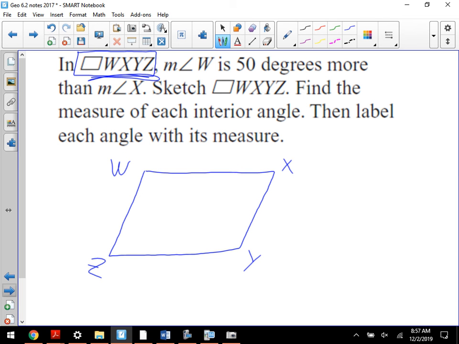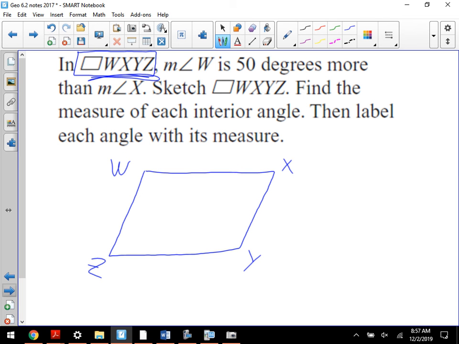It's just going from the vocab of a, basically you want to call it a given statement. I don't mean proofs here. I just mean it's just giving us what it looks like. All right. It says W is 50 more than X. What does the word is mean?